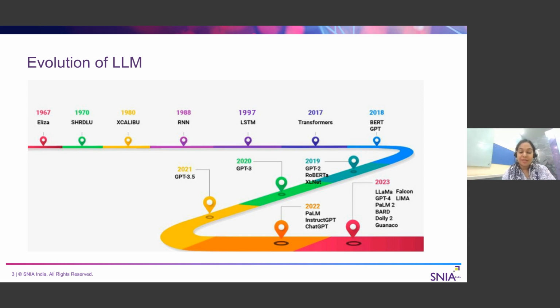Then in 2017, with the paper that was published, Attention is All You Need, that was the biggest milestone in the AI/ML world, where the transformer architecture came into the picture, purely based on the attention mechanism. At its core, it was composed of encoders and decoders, stacked with feed-forward neural networks and self-attention.